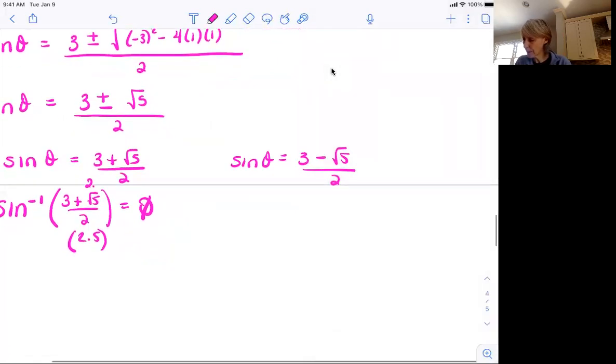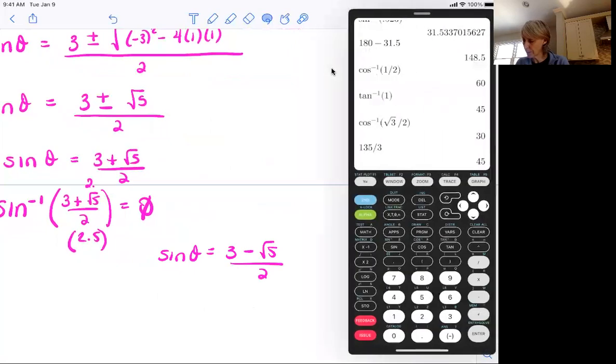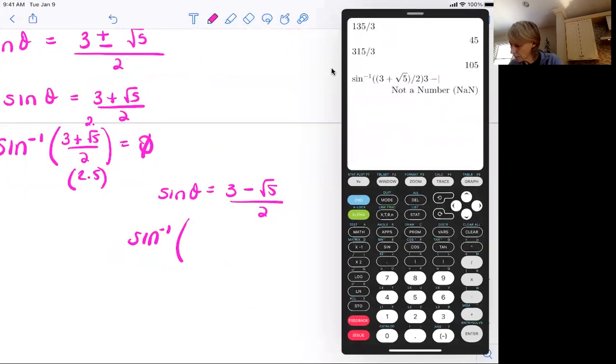And let's look at our other one. I'm just going to bring it so we can see it with the calculator. So we want second sine, the angle whose sine is 3 minus radical 5, and I'm going to divide that number by 2.